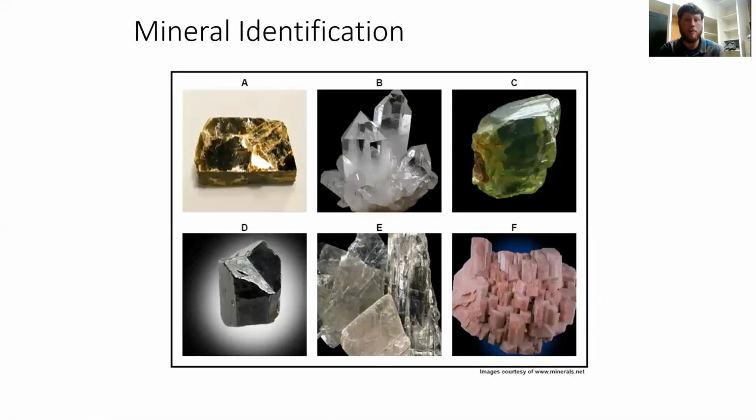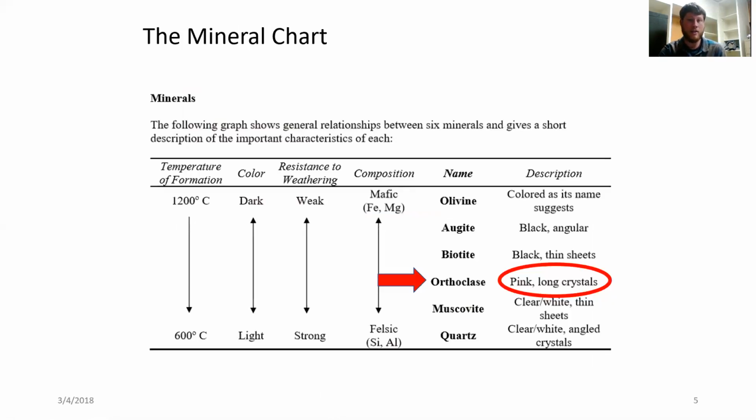If we take a look back at our mineral identification chart, we can look at all their physical features, and it looks like we only have one that has pink long crystals. So it's safe to say that orthoclase is F. You're going to be doing this for all the minerals that you see on your lab. I'm not going to run through each of them because that's your job. But make sure that you reference those tables like this in order to identify those minerals and rocks.